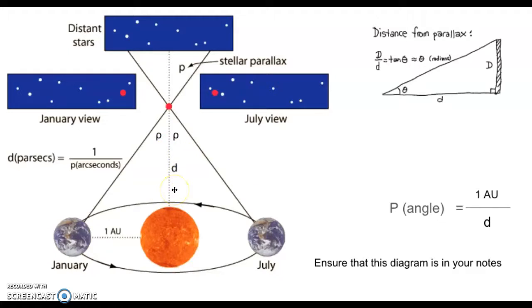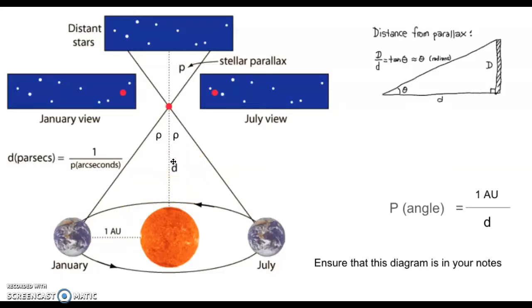Okay? Now, because this angle is so ridiculously small, the tan of the angle, if you look over here, there's an approximation, is going to be equal to the angle. So in the end, your d over 1 AU is equal to the angle. Okay, so that's how you would use a parallax angle. Your parallax angle is given to you by your telescope or your measuring instrument. Your AU, your astronomical unit, is a constant that you're given, right? And d can therefore be calculated.